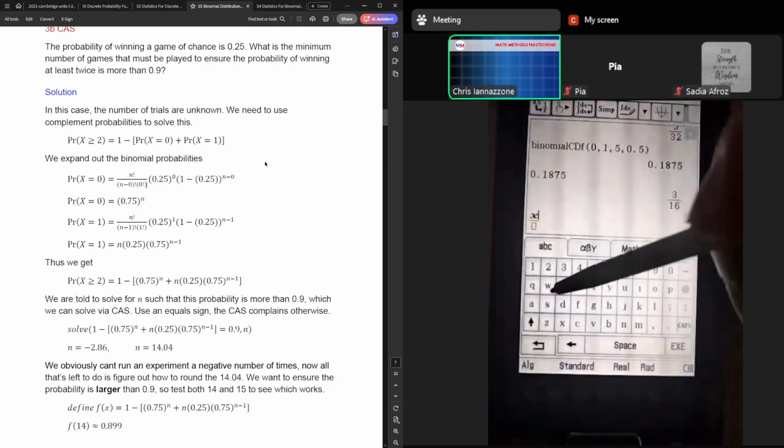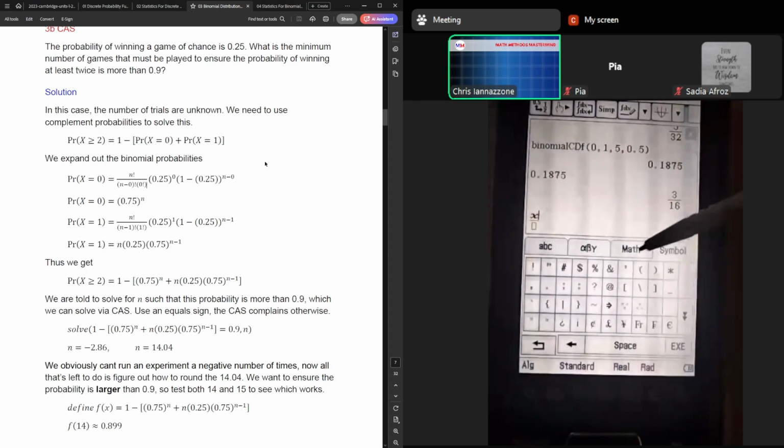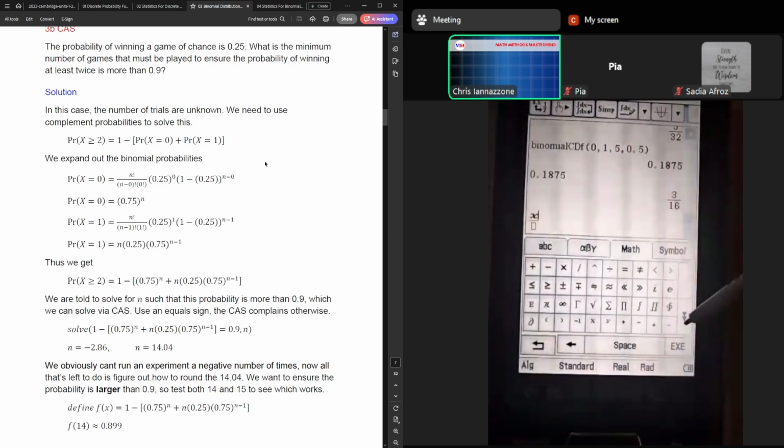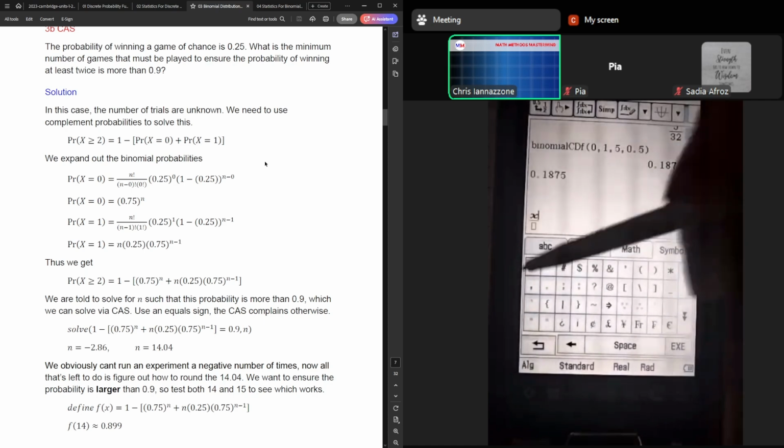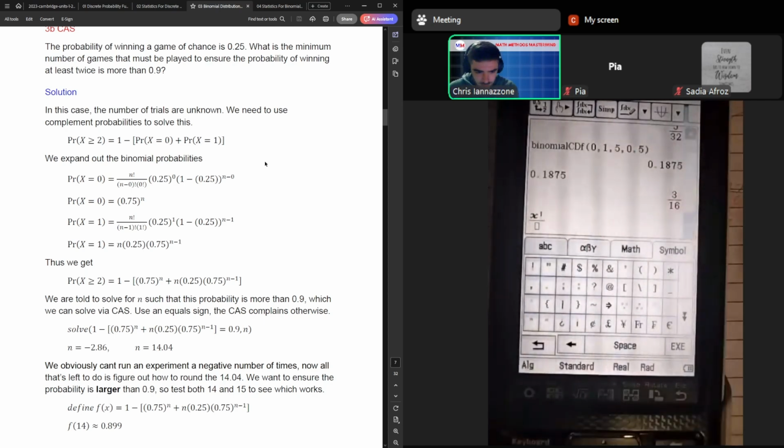It's not going to give it to me, huh? Where? Symbol? Yeah, there we go. X factorial over bracket x minus 1 factorial times 1 factorial.